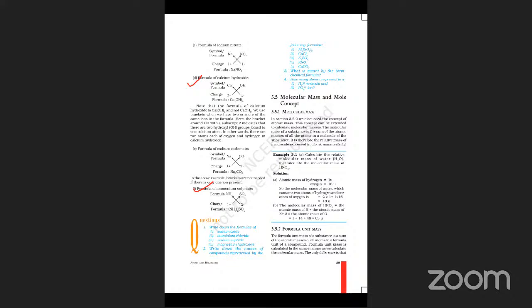You have to make a round bracket when we use two or more of the same ions in the formula. Here the bracket is around OH; calcium's valency is +2 and OH is -1. If we do the cross multiplication, you will see there are two hydroxyl groups joined to one calcium atom. In other words, there are two atoms each of oxygen and hydrogen in calcium hydroxide. So the formula becomes Ca(OH)2.